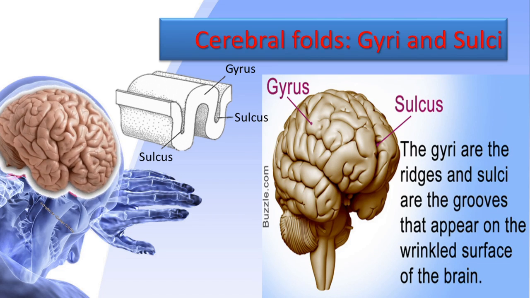Gyrus is the singular word, sulcus is also singular, and when we express it in plural, we use the terms gyri and sulci. So in this picture it is very clear. Gyri are the ridges or surface elevations present in the cerebral cortex, and sulci are the grooves found in between these elevations or ridges.